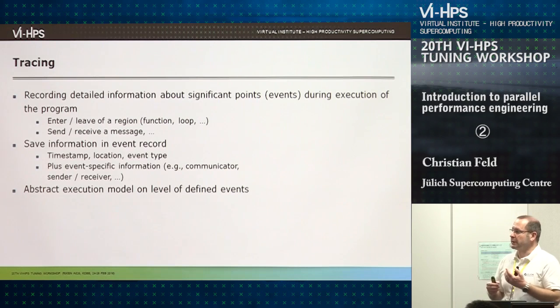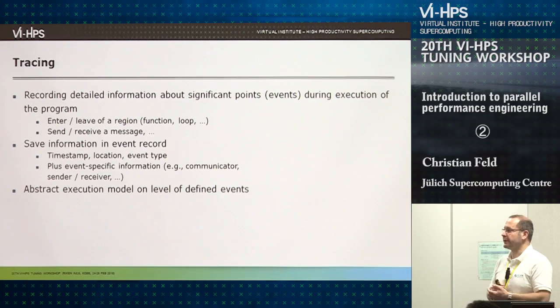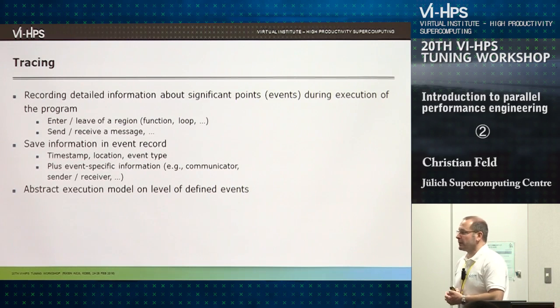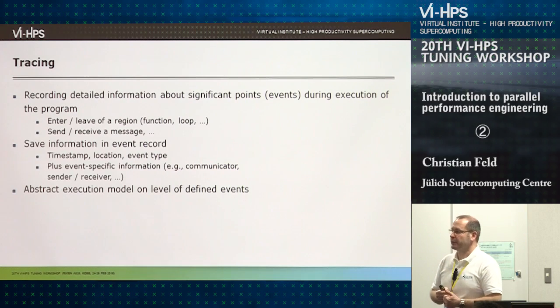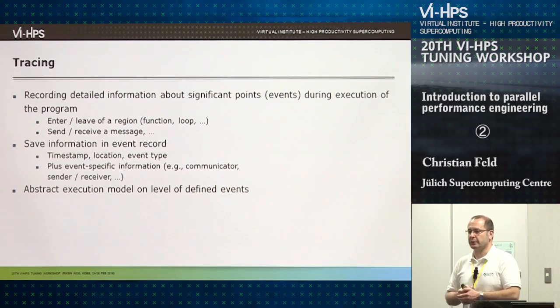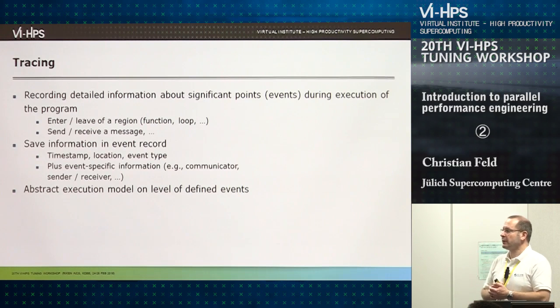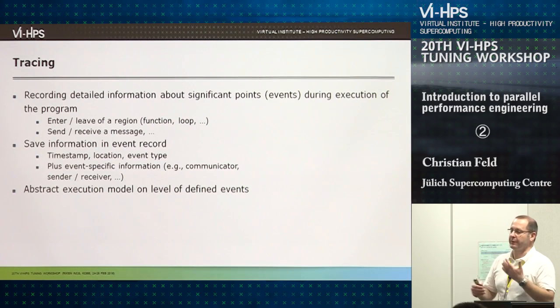So here you store information about some events, for example, function enter, function exit, during the execution, and you also save a timestamp, and you also record on which location, on which thread, on which process this event took place, and also an event type, plus sometimes event-specific information. So if it's an MPI call, then you store the communicator, for example, or the sender and receiver, or bytes transferred.